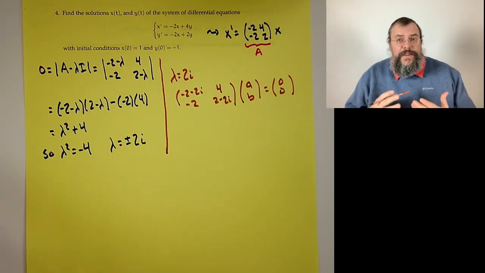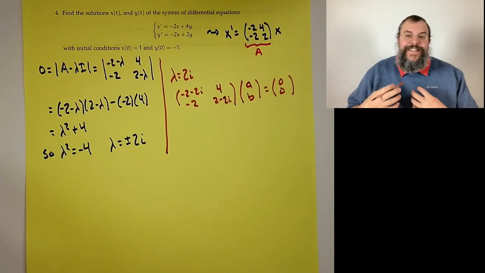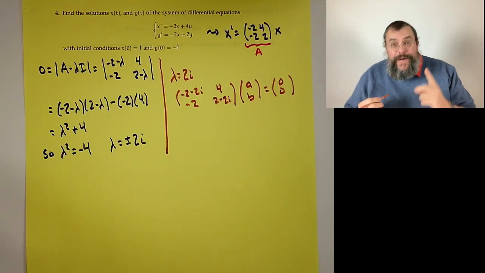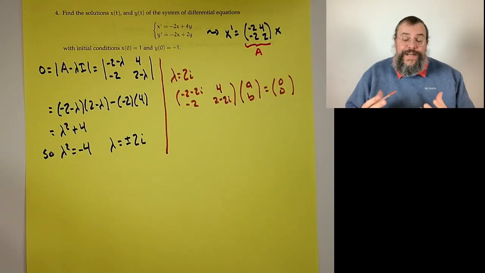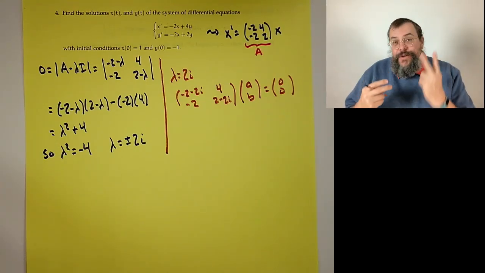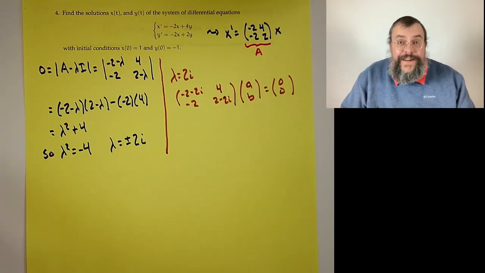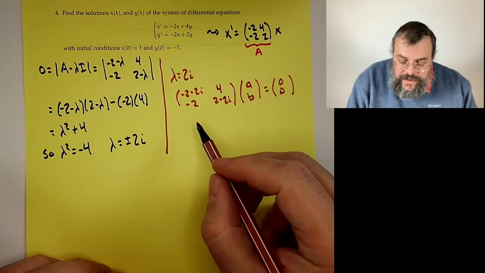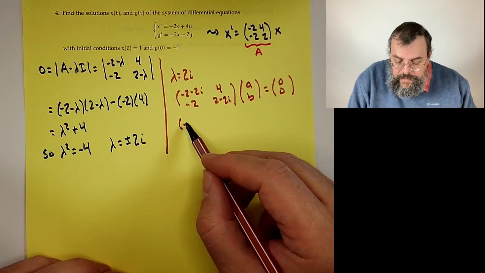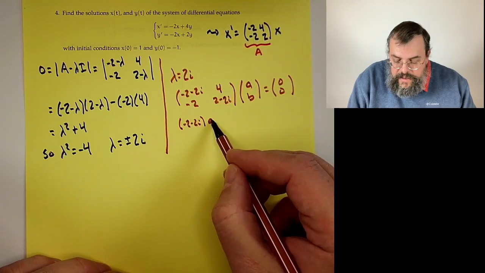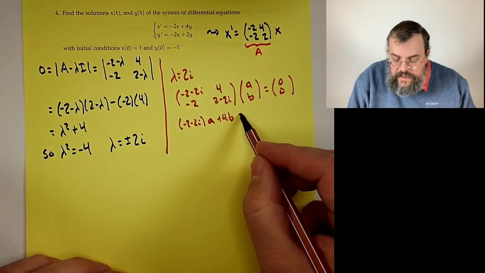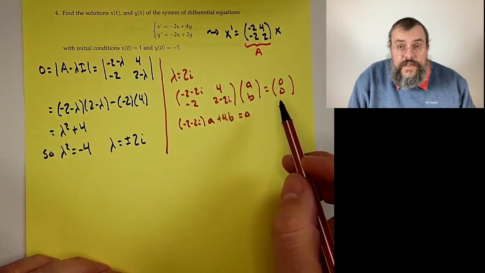And if you think about this, you might be like, ugh, this sounds complicated. But remember, when we're doing the eigenvalue method, we have two equations, but it's actually one equation. There's redundancy. So what are our two equations? Well, minus 2 minus 2i, a plus 4b equals 0. That's the top equation.